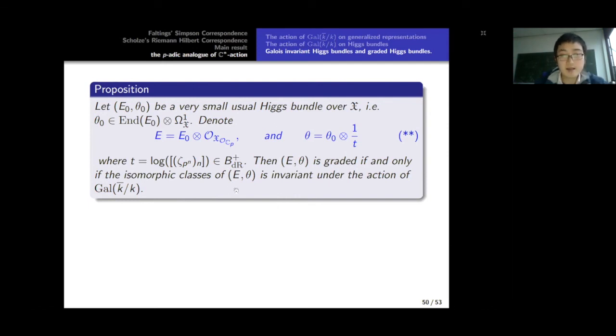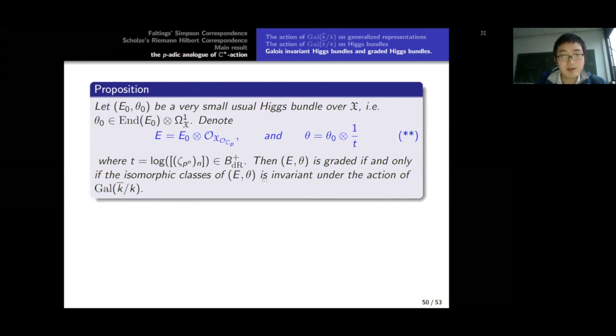The proof is easy because the Galois action on this E0 is trivial, and the Galois action on this theta 0 is also trivial. But the Galois action on this t factors through the cyclotomic character. So for any theta, the action on this theta is just like multiplication by a number, a p-adic number.